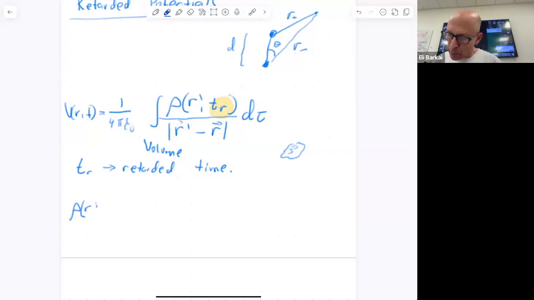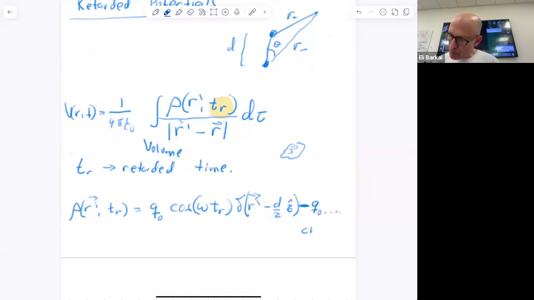As we said before, it's a sum of two delta functions, cosine omega times the retarded time. This is just the definition that I need to look at it at the retarded time. Delta of r prime minus d over 2 z, minus q0, and so on.